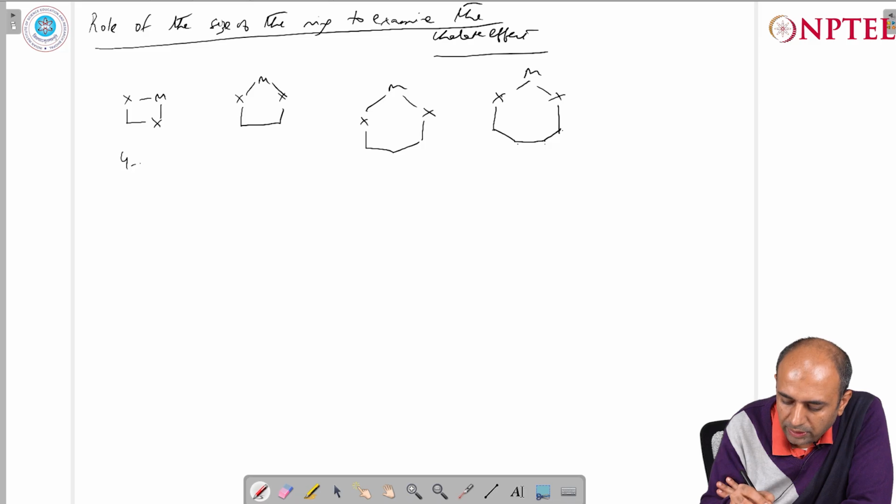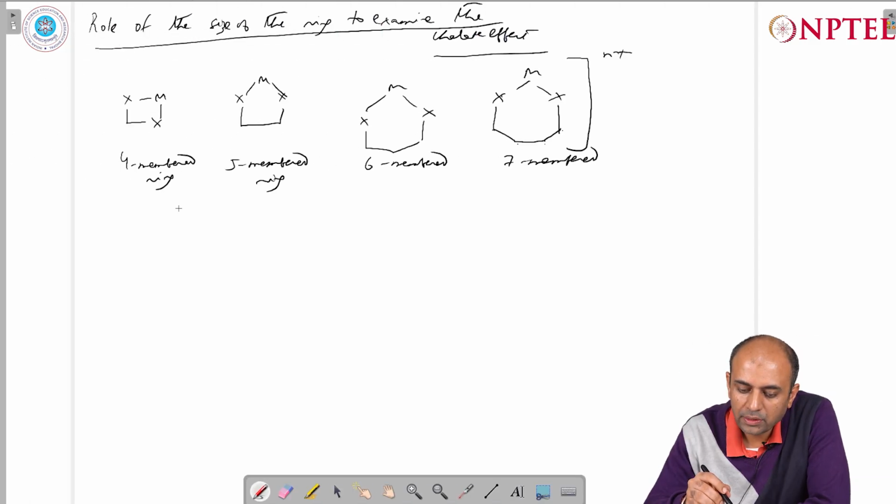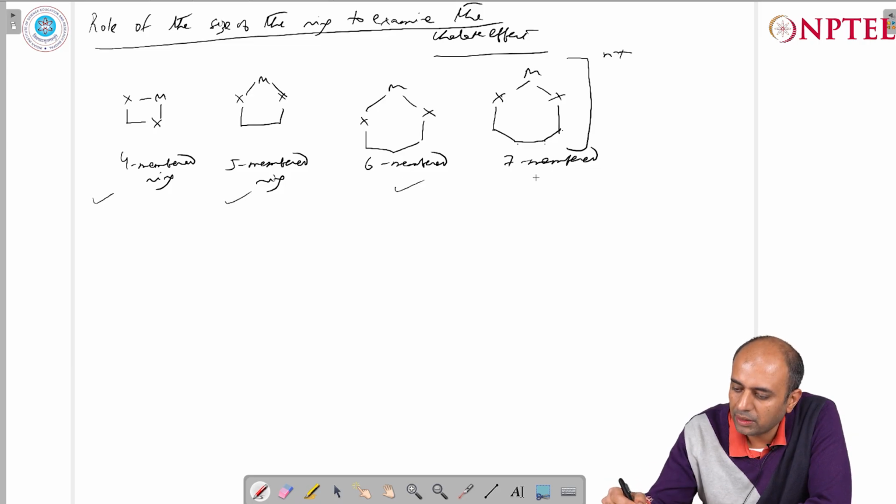So, you can have a 4-membered ring, this is a 5-membered ring. So, now we can see that we have got different size rings here. For example, we can start with a 4-membered ring, we can have a 5-membered ring, we can have a 6-membered ring, we can also have a 7-membered ring.